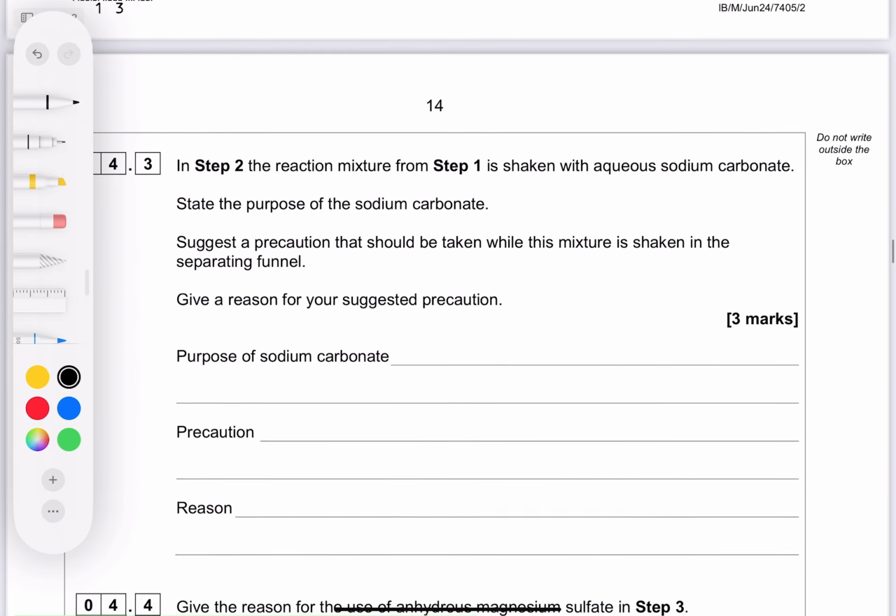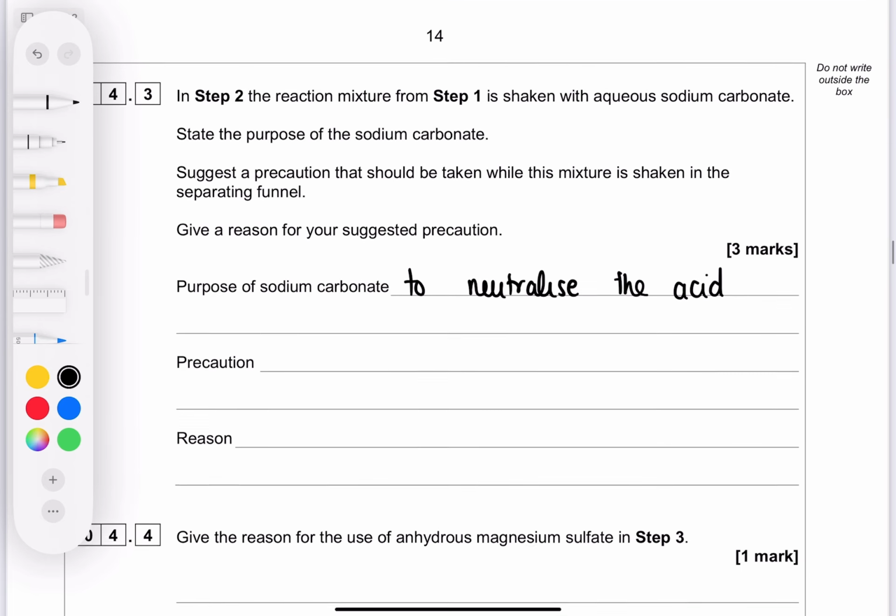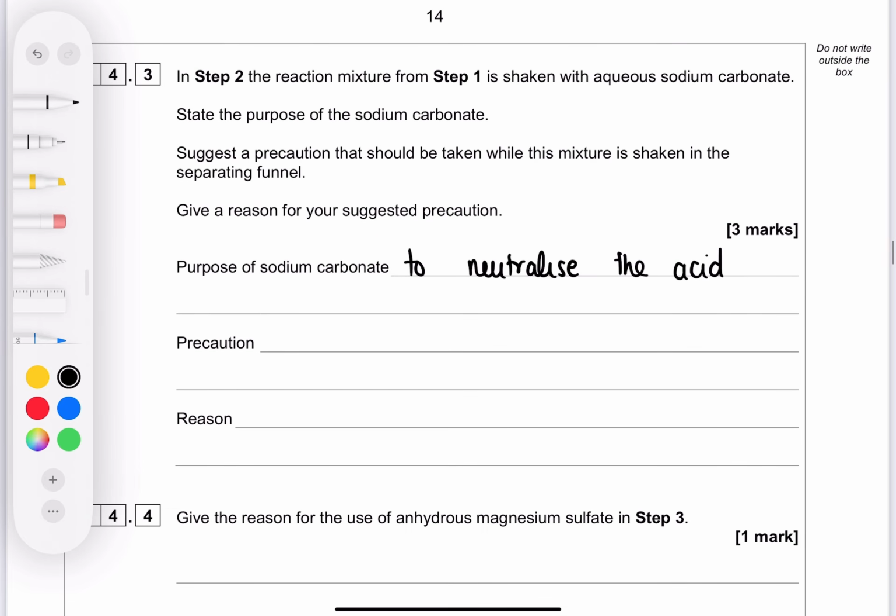In step 2, the reaction mixture from step 1 is taken and shaken with aqueous sodium carbonate. State the purpose of the sodium carbonate. Well, that's there to remove the acid catalyst, so to neutralise the acid, so any excess ethanoic acid and the sulfuric acid. State the precaution that should be taken. Well, we need to remove the bung.